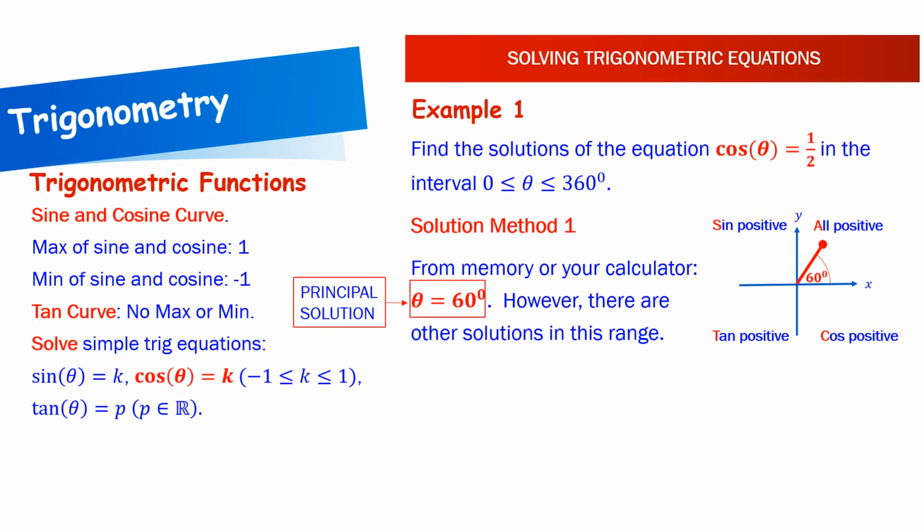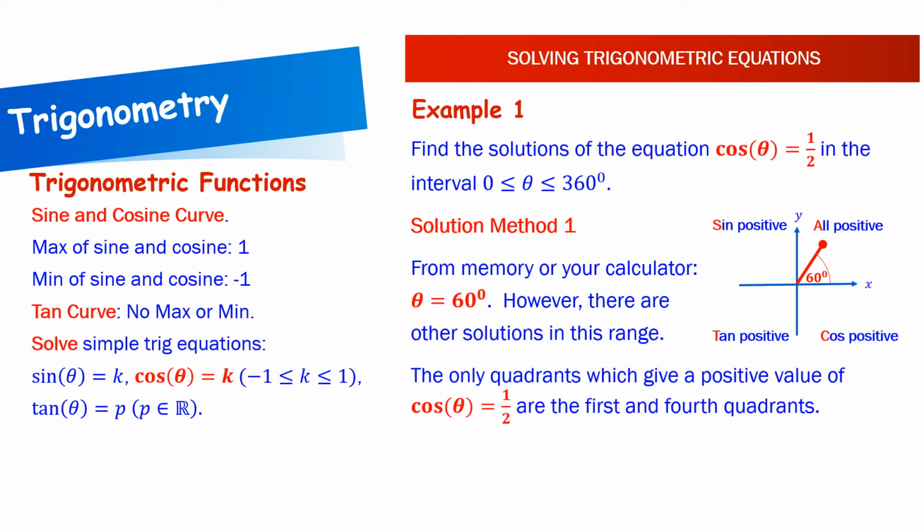Theta equals 60 degrees is called the principal solution. Remember that the only quadrants which give a positive value of cos theta equals 1/2 are the first and fourth quadrants.